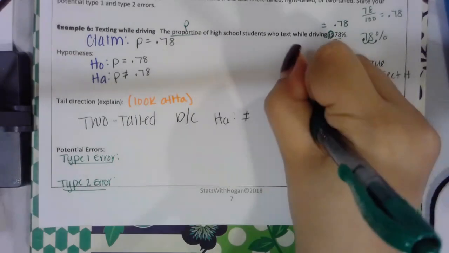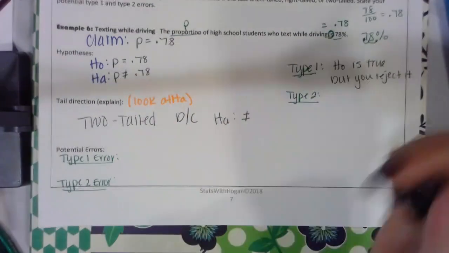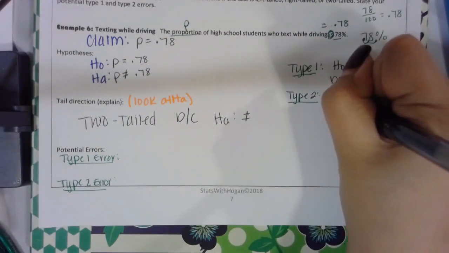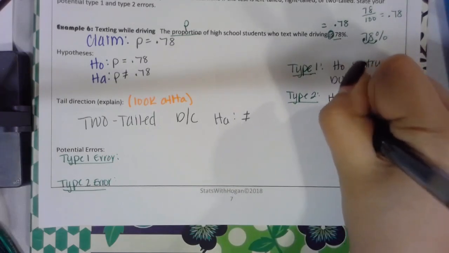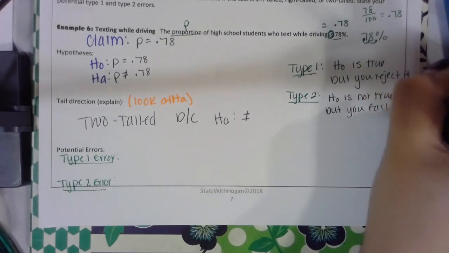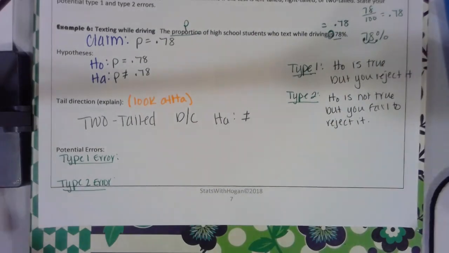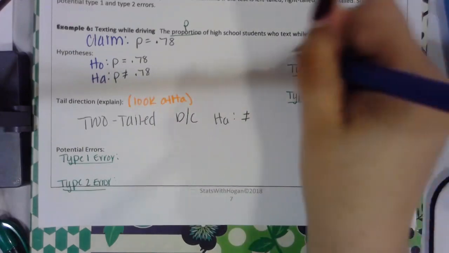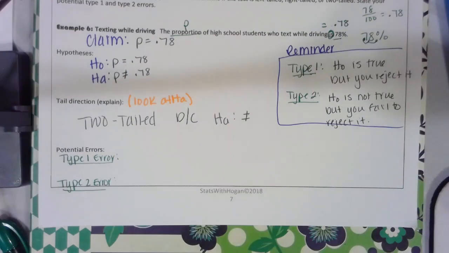Type 2 means H0 is not true, but you fail to reject it. You fail to reject it. This is its own little box. Remember, just failing to reject it means you didn't reject it, so you took it.